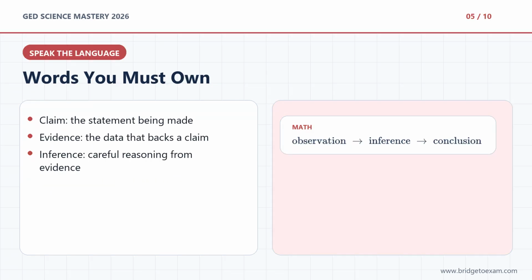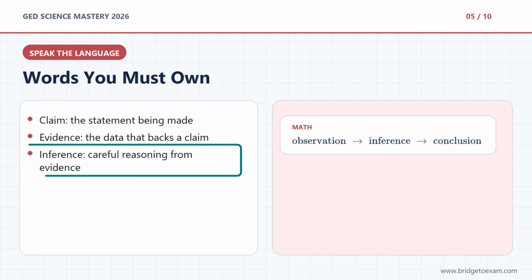Before we practice, let's own 5 small words, because the test uses them precisely. A claim is the statement someone is making. Evidence is the data or passage detail that backs a claim up. An observation is what you directly see or measure. An inference is a reasonable conclusion you draw from that evidence.